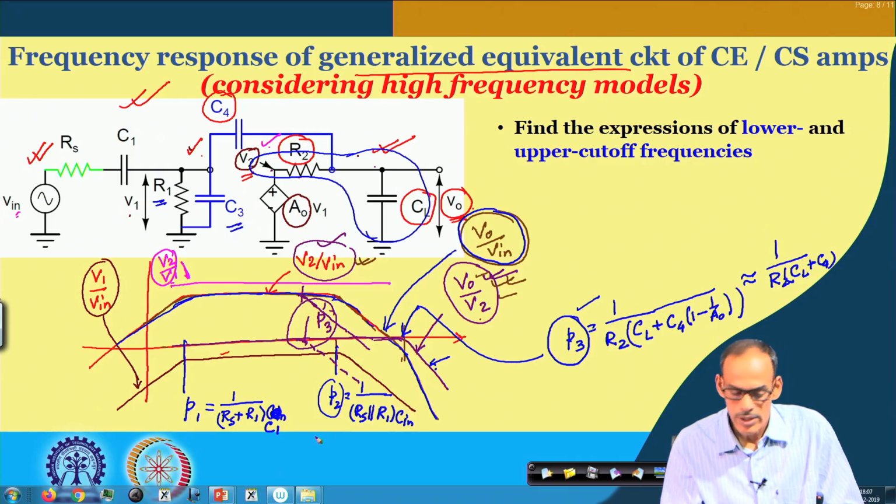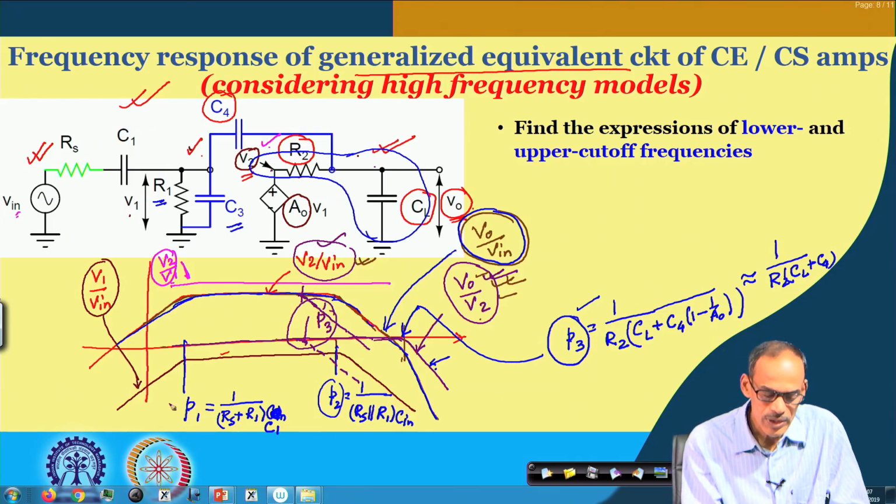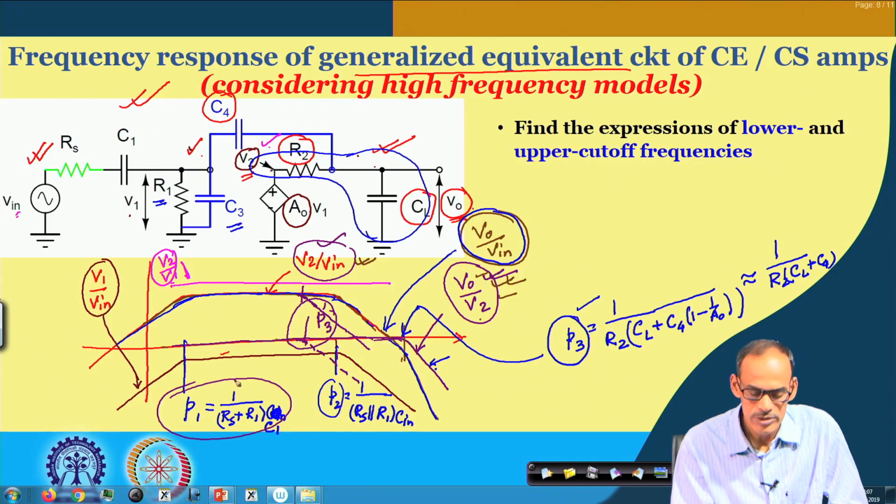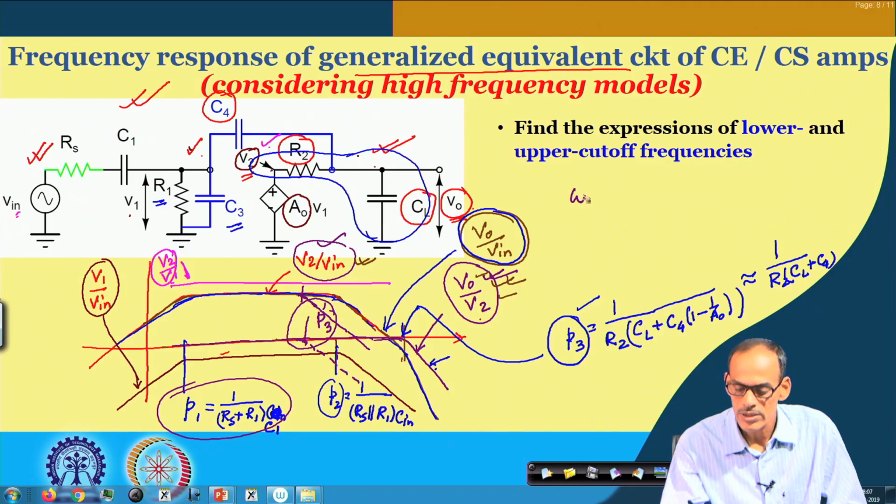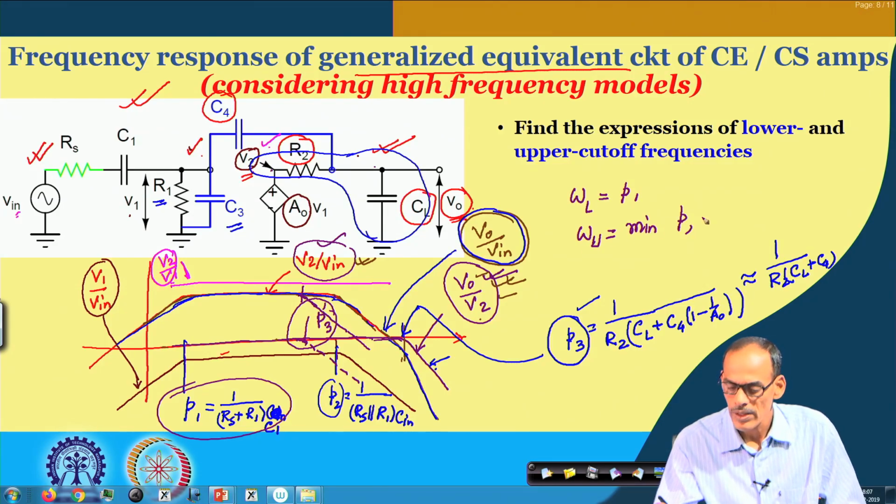that will define the overall frequency response having a pole here. In other words, the lower cutoff frequency typically comes from this one. So, we may say that the lower cutoff frequency is defined by P 1. On the other hand, the upper cutoff frequency is defined by the minimum of P 2 and P 3, whichever is minimum.